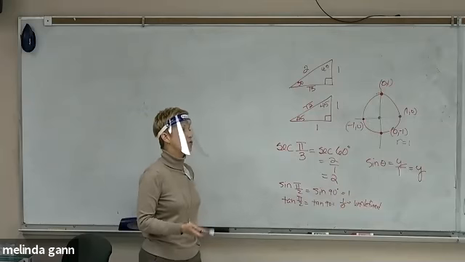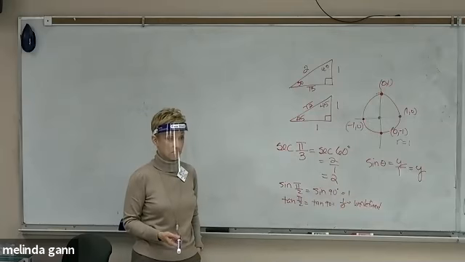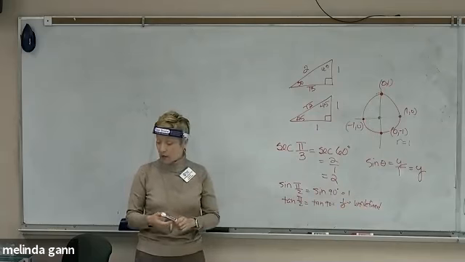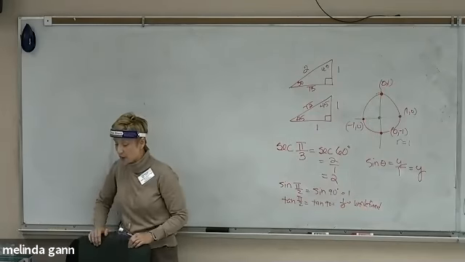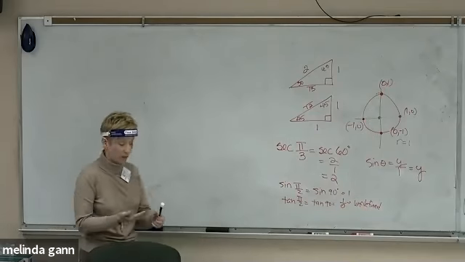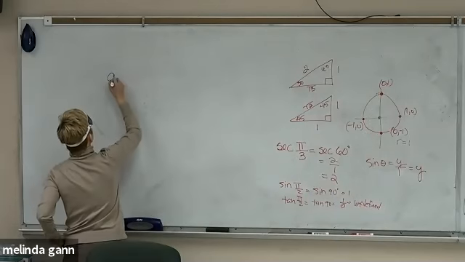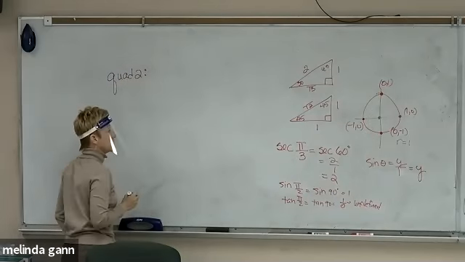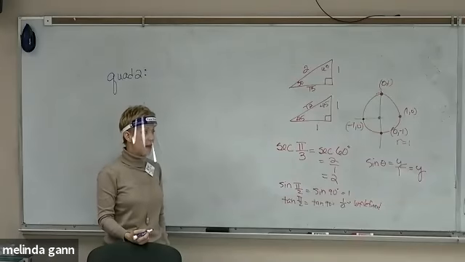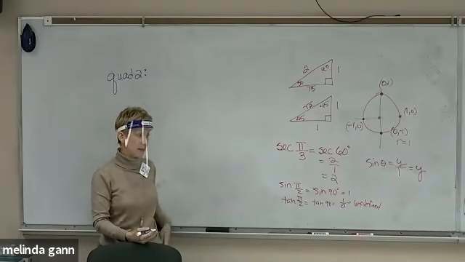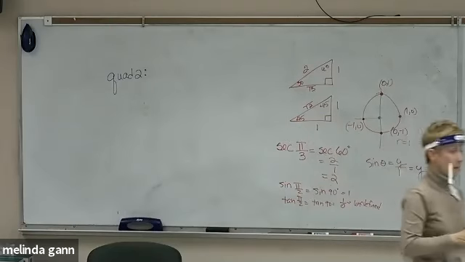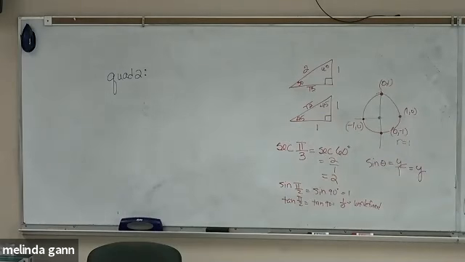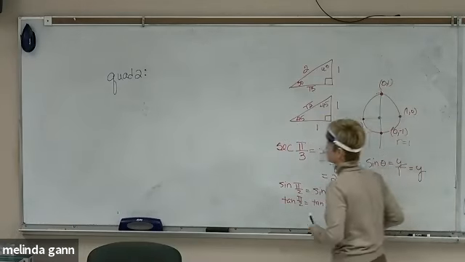Now, what happens when you're not in quadrant 1? If you're not in quadrant 1, then these 3 rules come into play that are going to be real important. If you're in quadrant 2, or 3, or 4, you got to find something called a reference angle. Now, how do you find reference angles? You find reference angles with these rules.